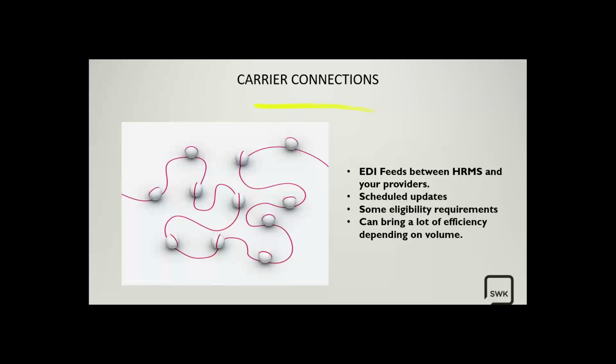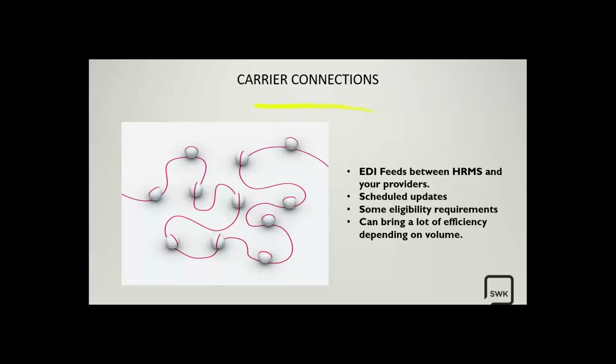There are some eligibility requirements with carrier connections. I see them being less stringent, but if you're 50 employees or under, or 100 employees and under, sometimes providers won't support those feeds. But depending if you're a larger employer, if you've got a lot of people coming on and off your plans, or you're going to multiple places to update that information, it's taking you an inordinate amount of time.